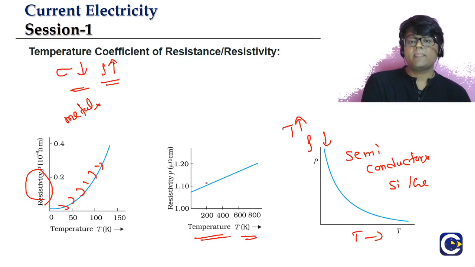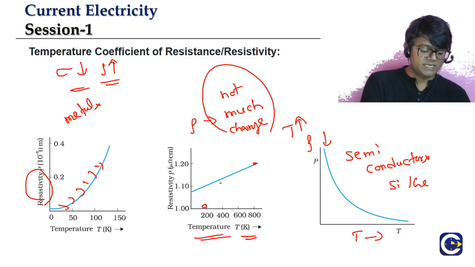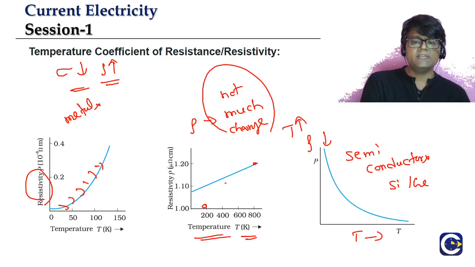For them, the rho value will not see much change with respect to temperature. Though it looks like a straight line here, look at how much it is changing: 1.1 to 1.2 for a temperature variation of nearly 200 to 800 Kelvin. So with this much temperature change, we are not seeing much jump in the resistivity value.